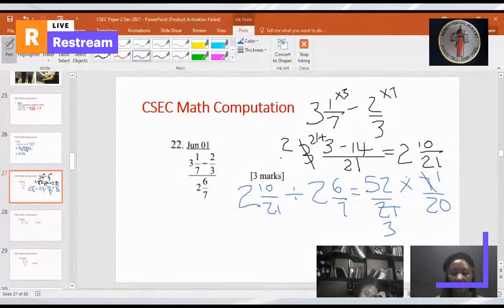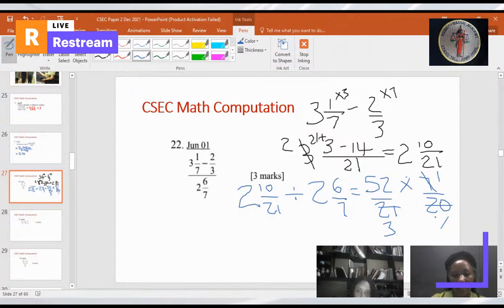We can also divide both 20 and 52 by 2 or 4. We'll use 4. 4 into 20 goes 5 times, and 4 into 52 goes 13 times.